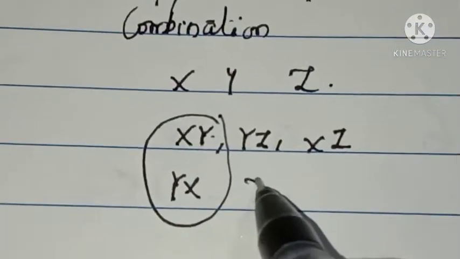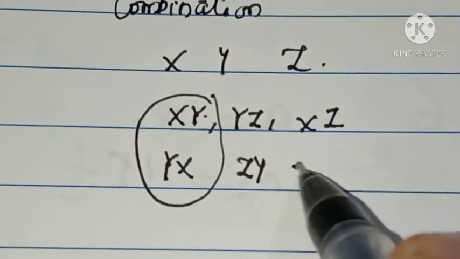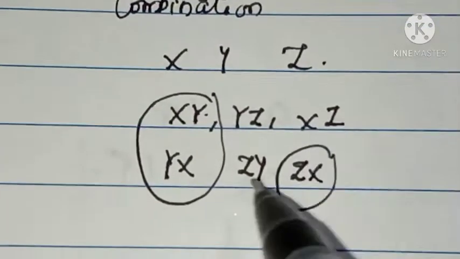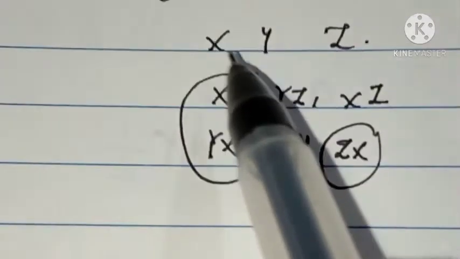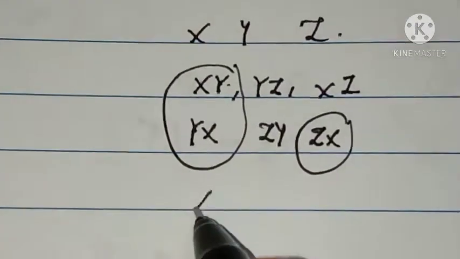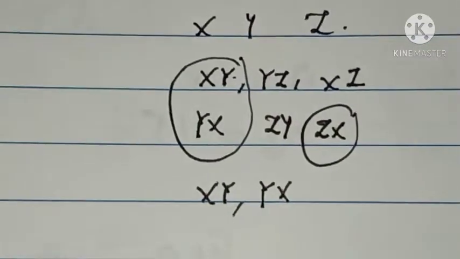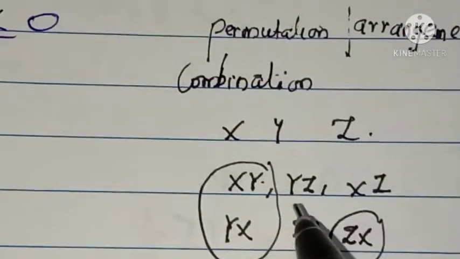The YZ team is the same as the ZY team. The XZ team is the same as the ZX team. So there is no importance of order. At the same time, if you are arranging these persons taken two at a time, XY is an arrangement, YX is another arrangement. See the difference? So combination means selection.